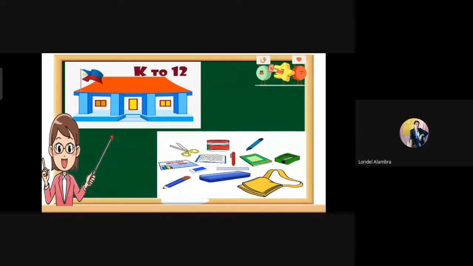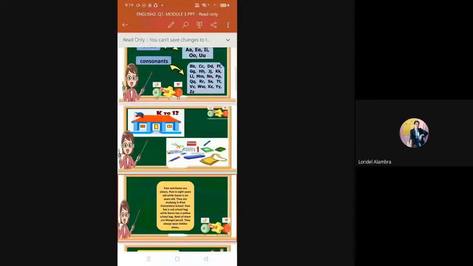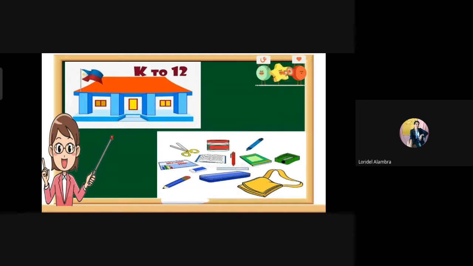And then in the next picture, what did you see? What are the things that you see in the picture?